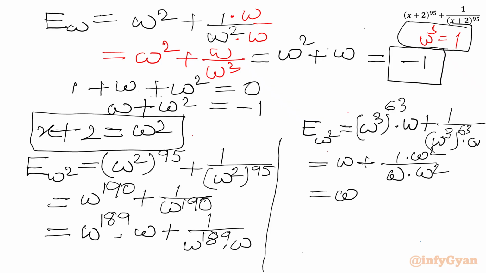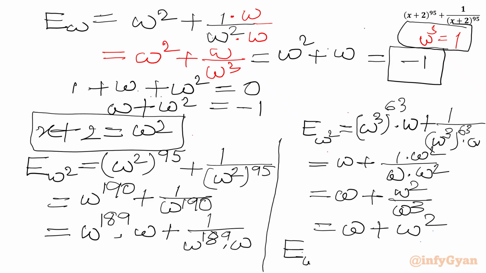So this will give us (omega + omega square)/omega cube. Now omega cube is 1. We will get omega + omega square. So E(omega square) is equal to minus 1. So our final answer becomes E equal to negative 1.